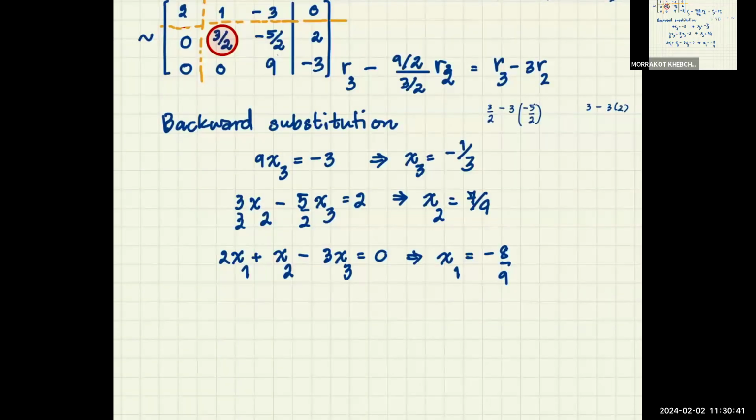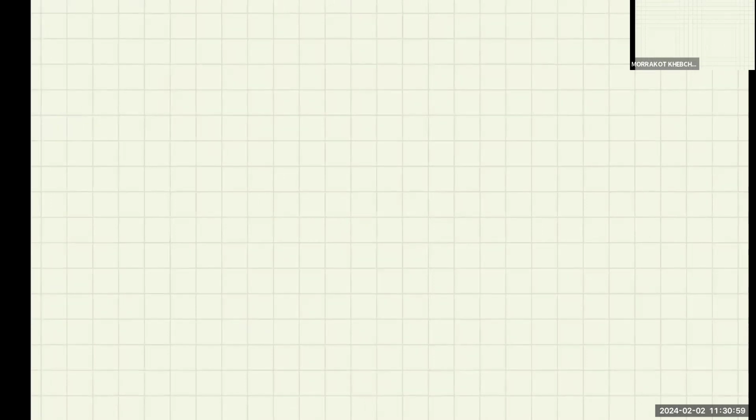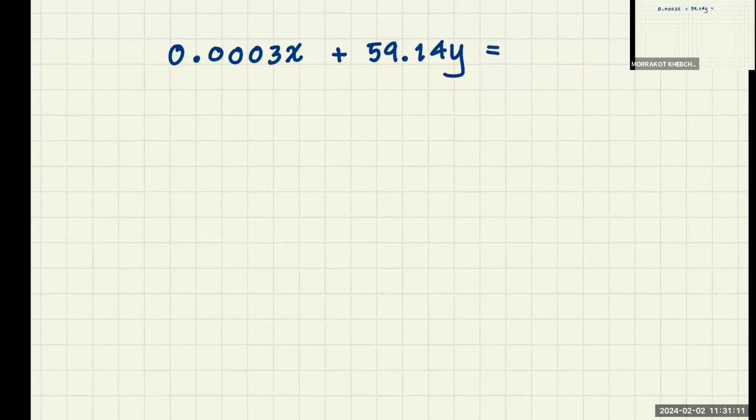Okay, so now I want to give you example of the 2x2 matrix, and then we will use the same procedure by using Gaussian elimination. If I have the problem like 0.0003x plus 59.14y equal 59.17.